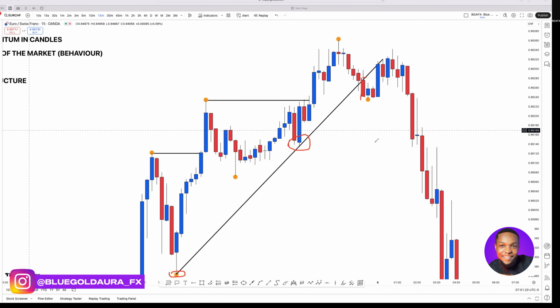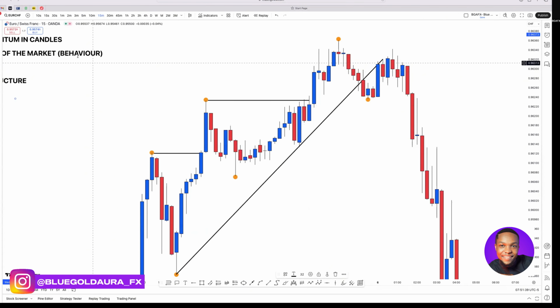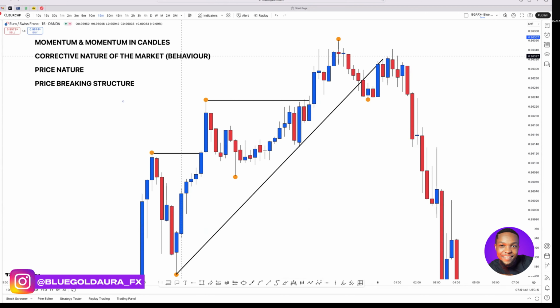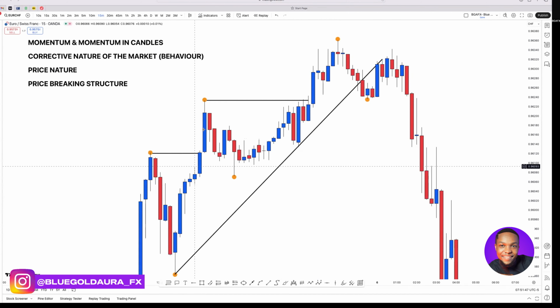Okay, so this is a strategy that many traders use, but they actually fail to practically use it. So a trend line does not tell you the deeper things of the market, like who's involved, are the banks involved, are the institutions involved, whatever. It's not going to tell you those things, but instead it's going to give you clues like, okay, number one, the candles were pushing up with momentum.